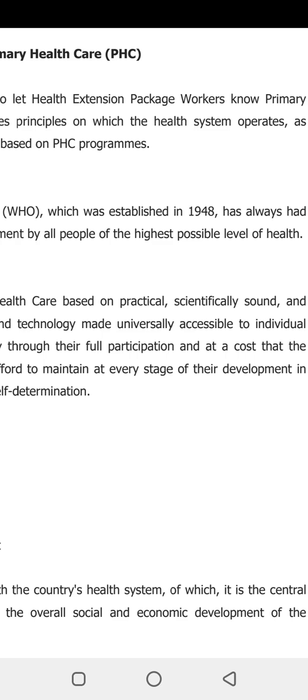That's how primary health care is defined.